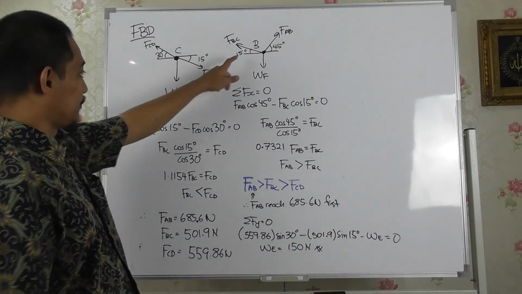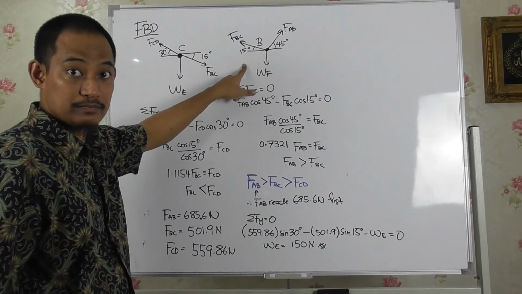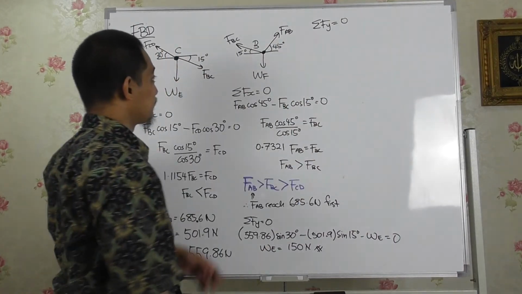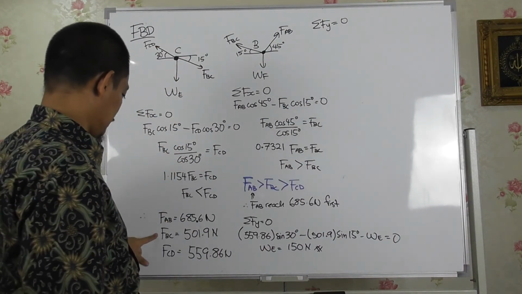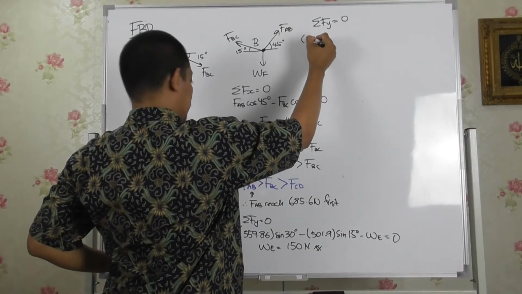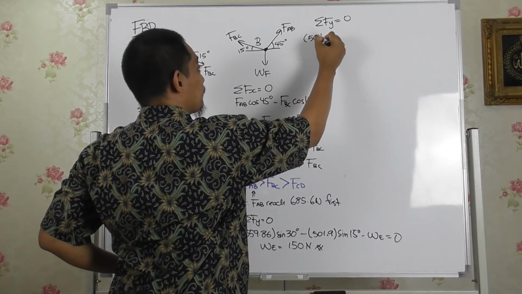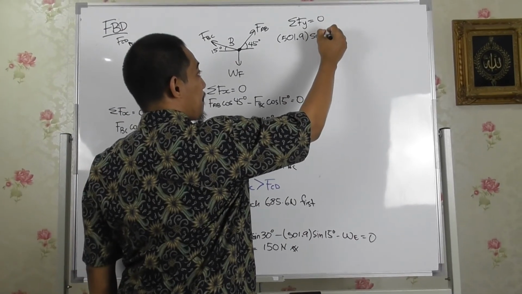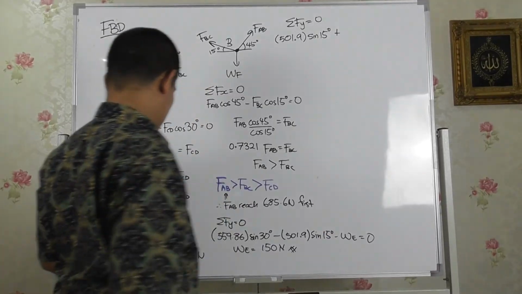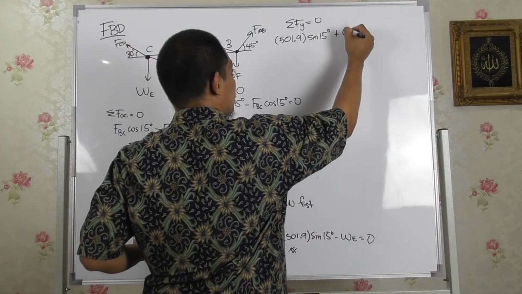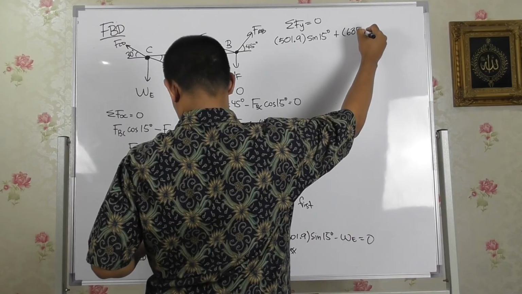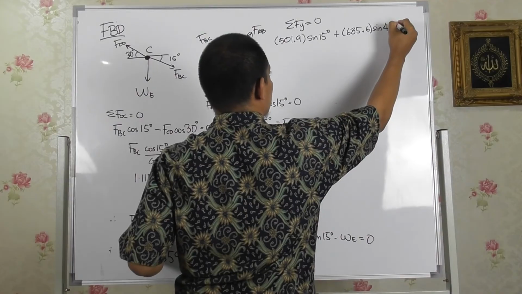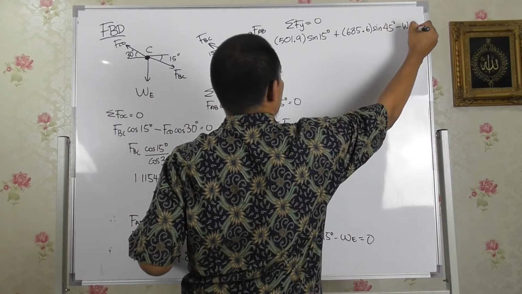And then for this particular free body diagram, we can do summation of Fy equal to 0. So we'll have FBC, which is this one, 501.9 sine 15, plus FAB, which is this one, 685.6 sine 45 degrees, minus WF equal to 0.